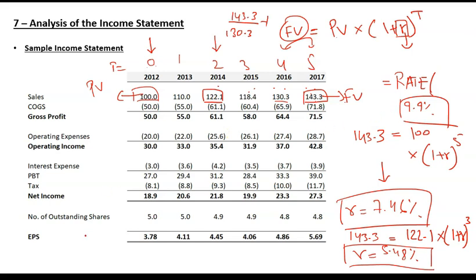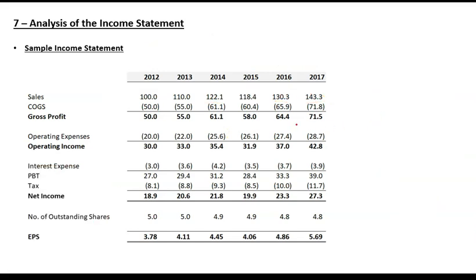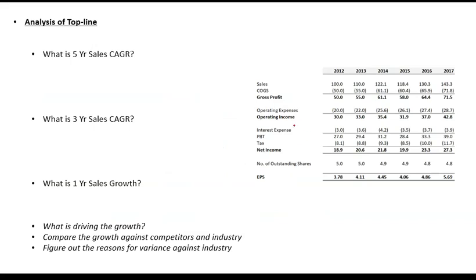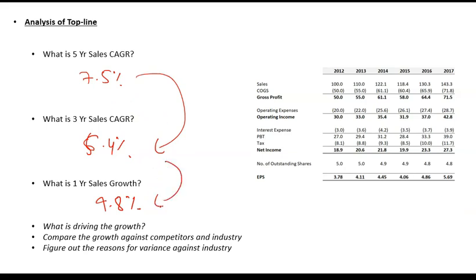So if you look into it, 5-year was about 7.5%, 3-year was I think 6.5%, 5.4%, and then 9.8%. So you will find that historically the growth started to slow down, and then in the last year it suddenly increased to 9.8%.